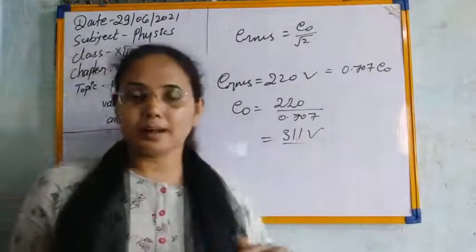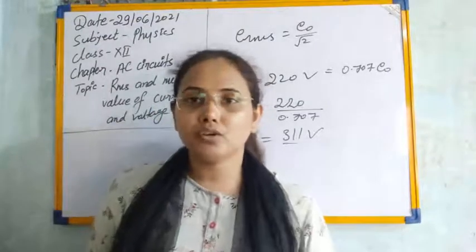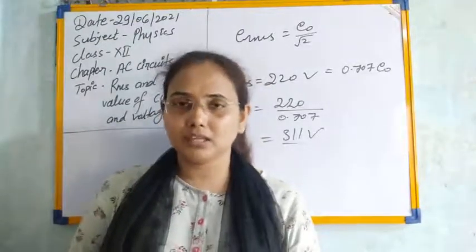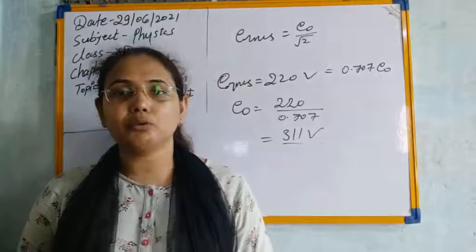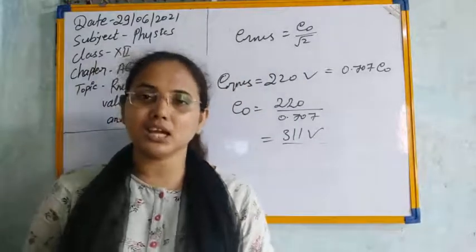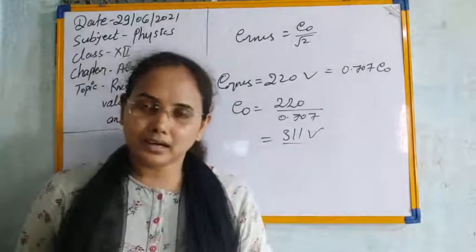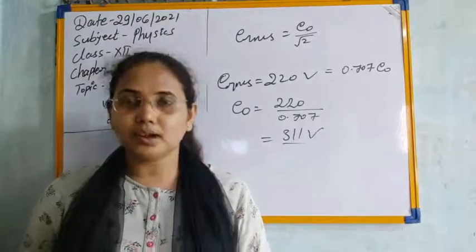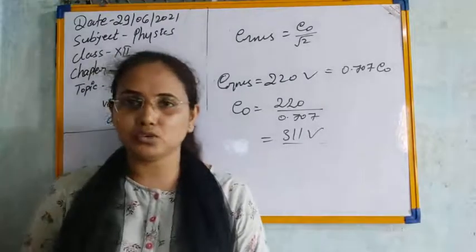So if you are making a device using this, it is a safety measure for our devices. But basically the AC signals that we are using are in terms of the RMS value. But literally we can also use the DC value, and for that we can use the peak value also.